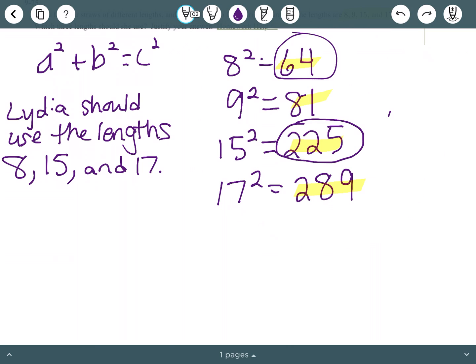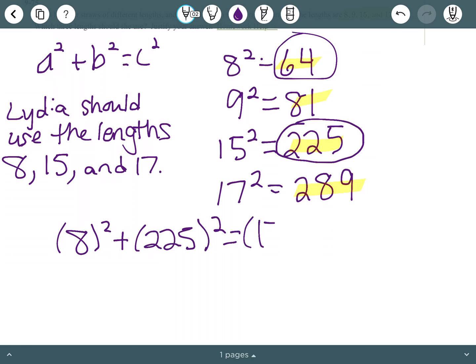Now, to do it properly, though, I do want to see it in that a squared plus b squared equals c squared form. So we are going to do 8 squared plus 15 squared equals 17 squared.